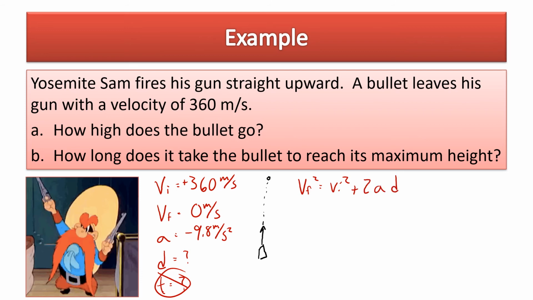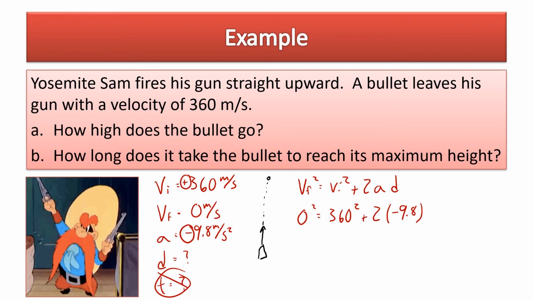And this vf squared is 0. vi is 360. 2 times, and it's very important, this is negative 9.8 because you're accelerating downward, you're slowing down. Your initial velocity is positive, your acceleration is negative.